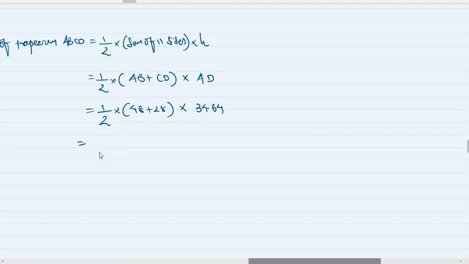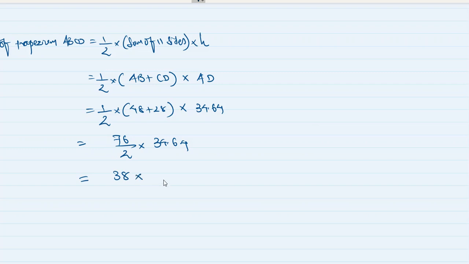48 plus 20 is 68 plus 8 is 76. 76 by 2 times 34.64. 76 by 2 is 38. Times 34.64.